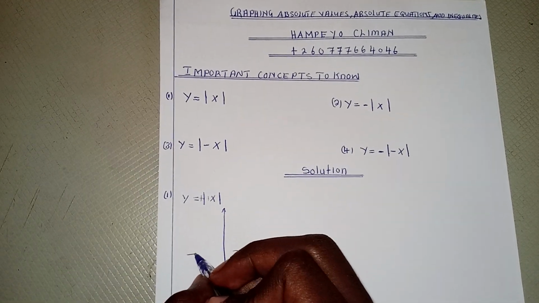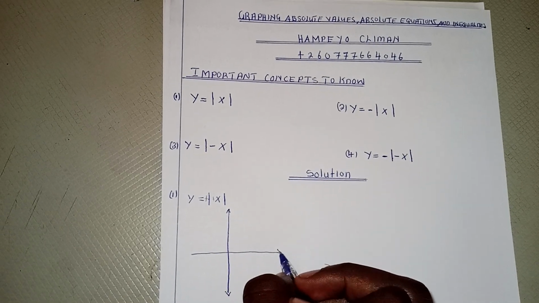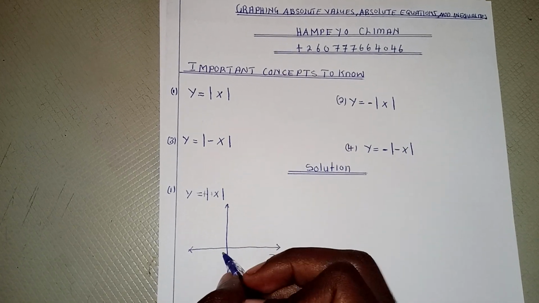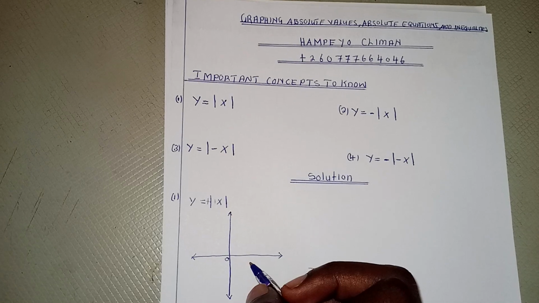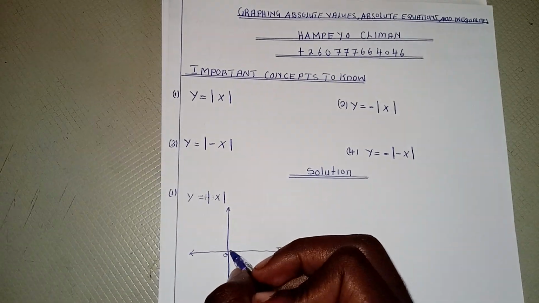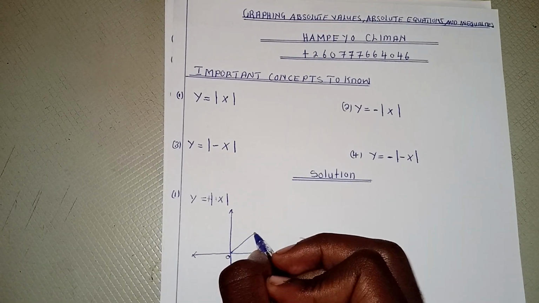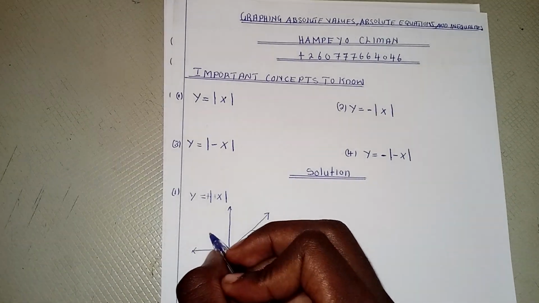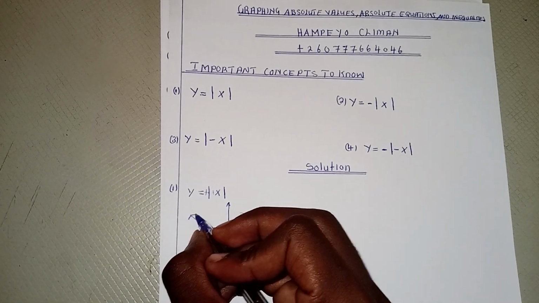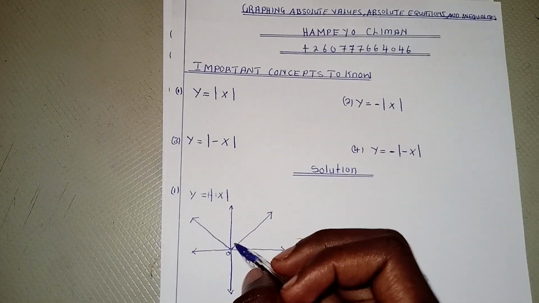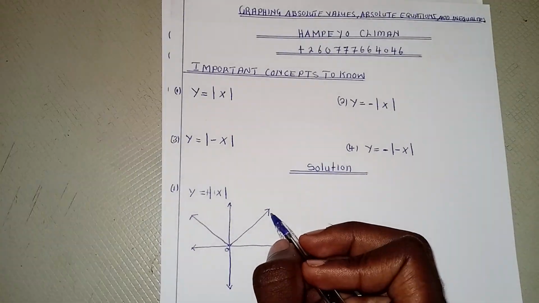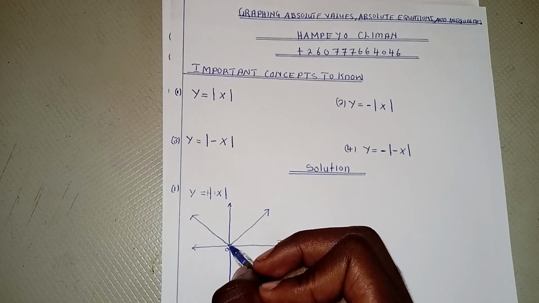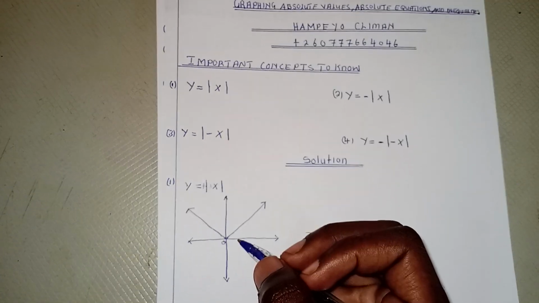So if we were to draw the graph of this absolute function, say this is 0, then automatically we know that this thing is going this side, and at the same time it's also going this side. So it's going to the positive side, and at the same time it's also going to the negative side.